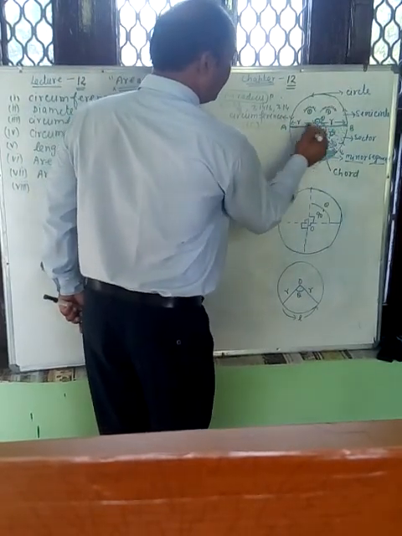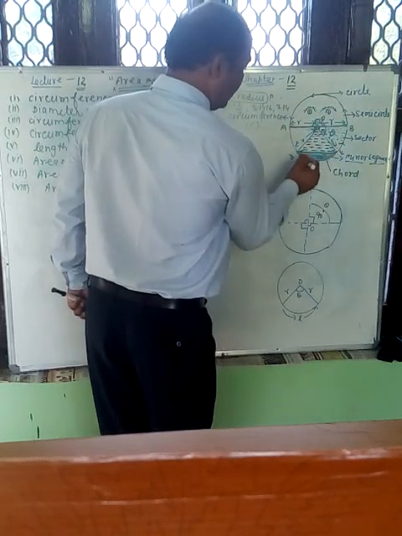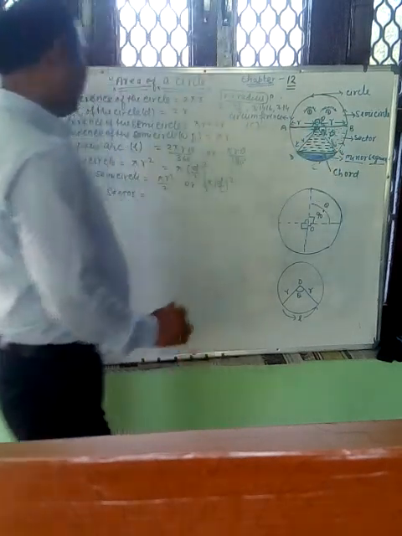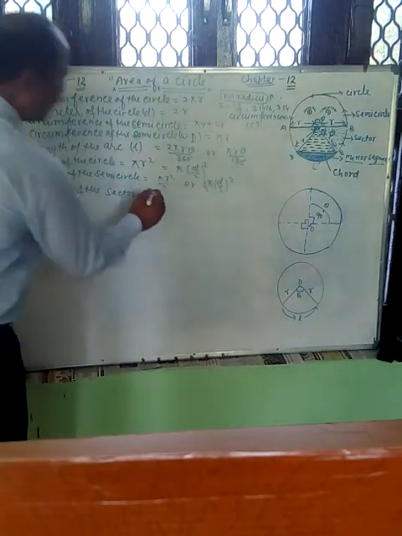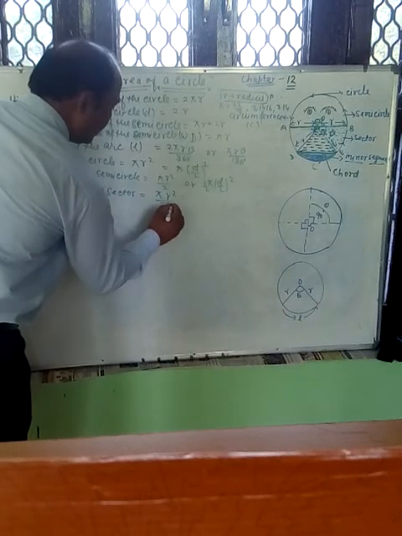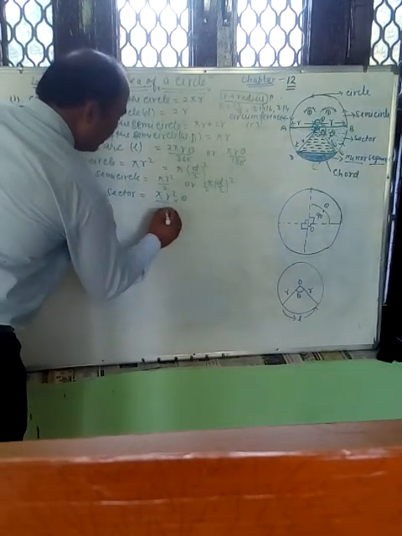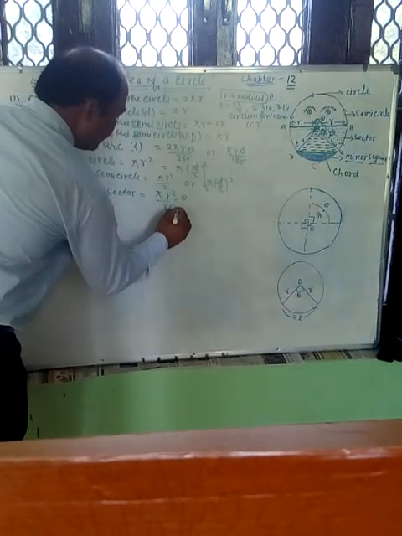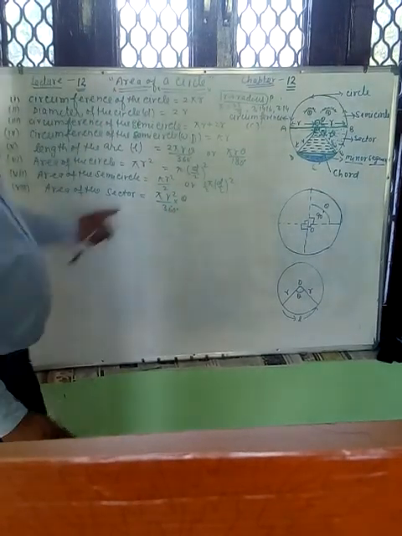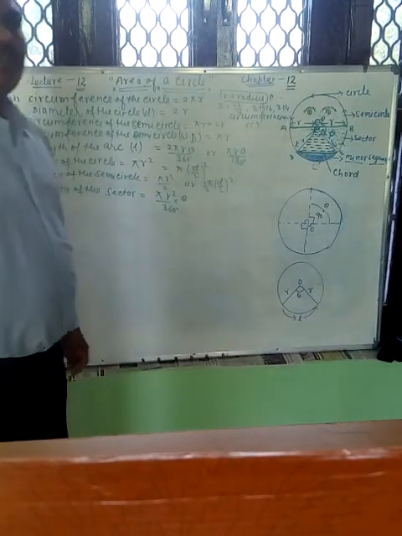Either this part, or this part, or this part is a sector. Now area of the sector is pi r square theta upon 360 degrees. Okay, pi r square theta upon 360 degrees.